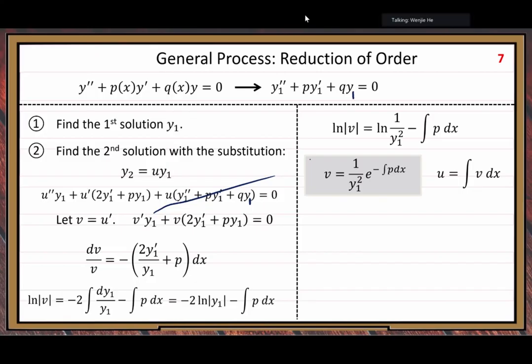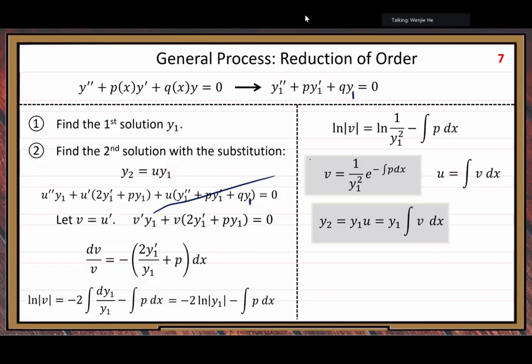So your y2 equals, here. Let me explain. Here you can see we don't include a constant. When we write this v, we don't include a constant.